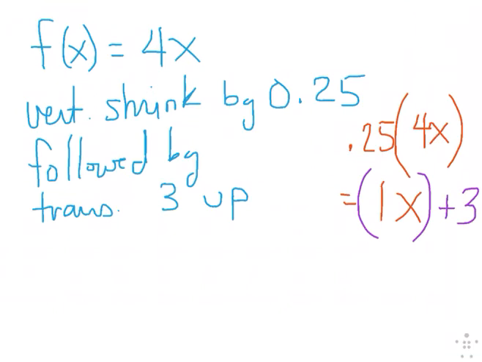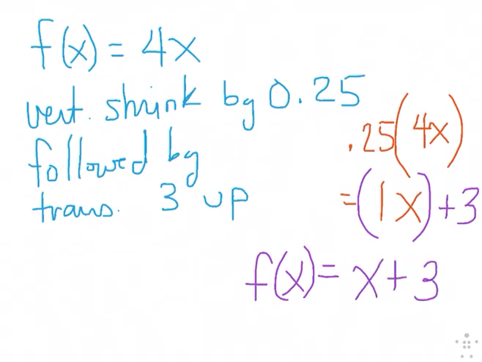No. So my final answer would be f of x equals 1x plus 3. So you vertically shrunk it first, and then you translated it 3 units up. Just go in order. Don't try to do everything at the same time because it won't work. Just go in order, and it won't be so bad. And that's the last of it.